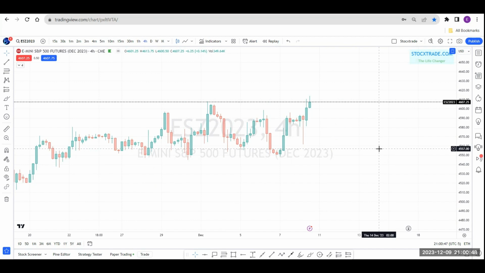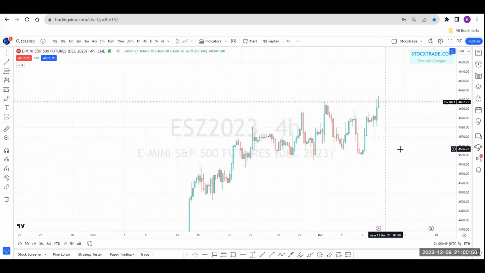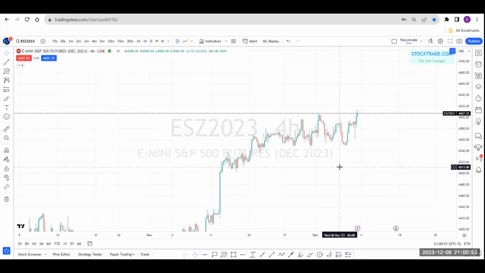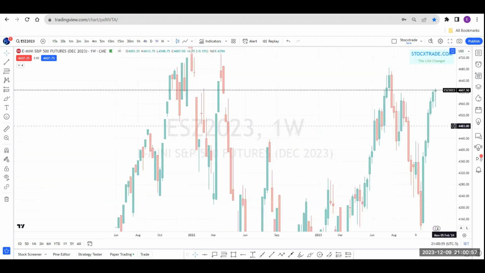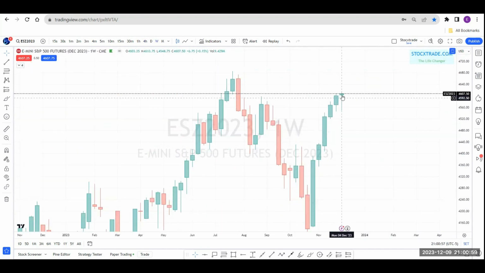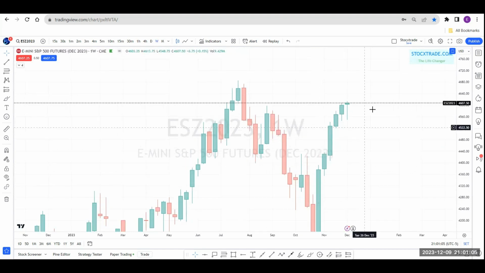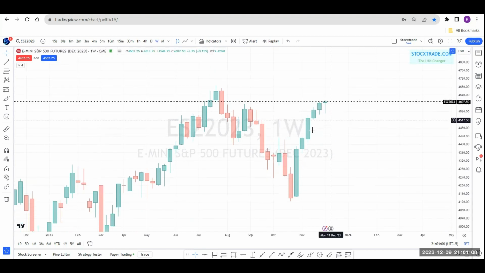But if you are doing swing trading, then the market will go in the same direction. If we are looking at the weekly, what happened here? Nothing. There was news, CPI, Powell spoke. Can you see? Nothing happened.